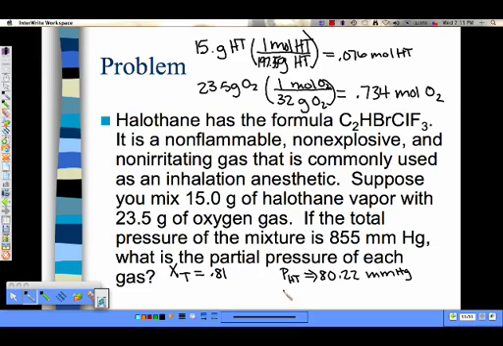And then the partial pressure of O2, I have 0.734 divided by 0.81 for my mole fraction, 0.906. Multiply that by the total, and I have 774.77 millimeters mercury. So same idea, we just had to do one extra step at the beginning.